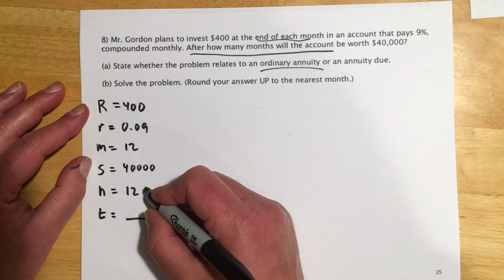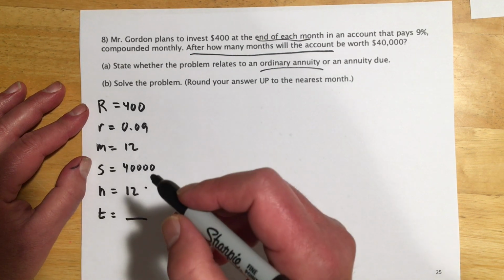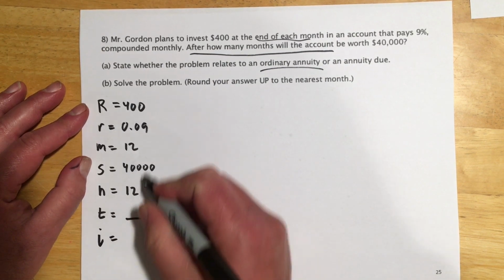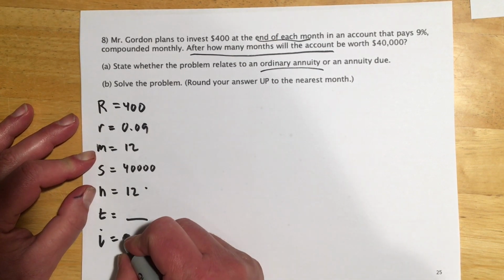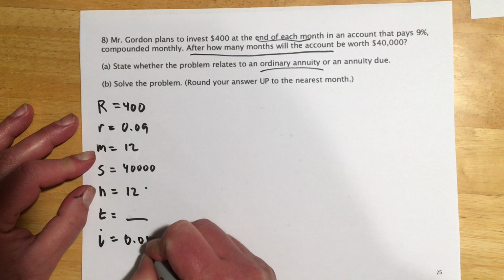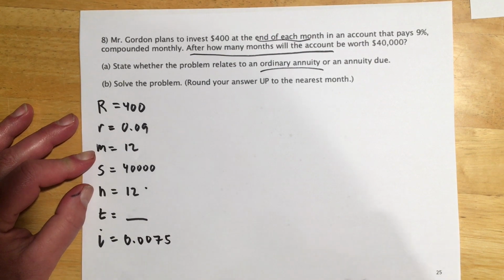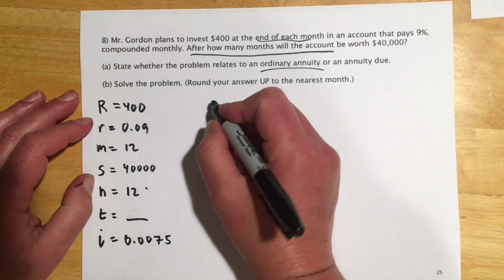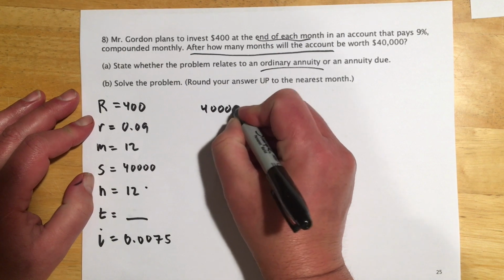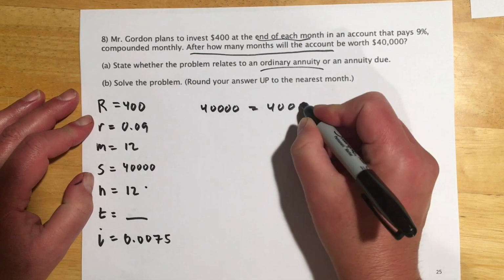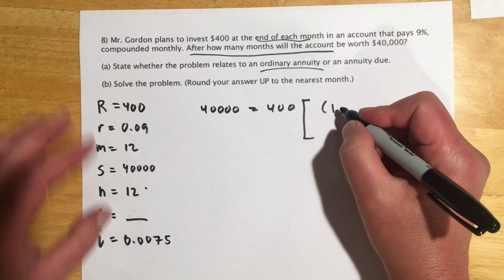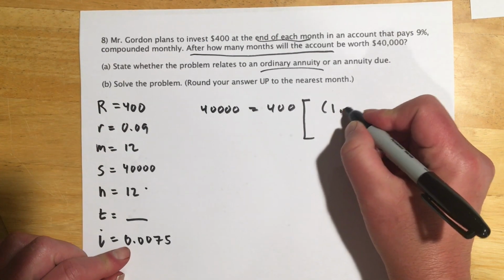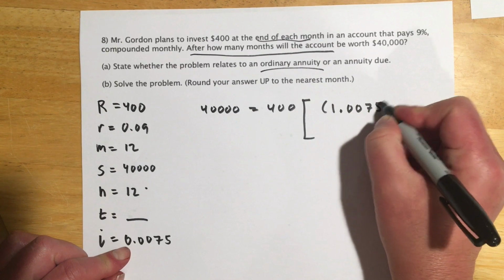And then the last thing is I. So that would be our rate divided by our compounding periods. So that's going to be 0.0075. So when I set this up, we're going to have 40,000 on this side, payments of 400, and then this goes 1 plus this, so 1.0075.